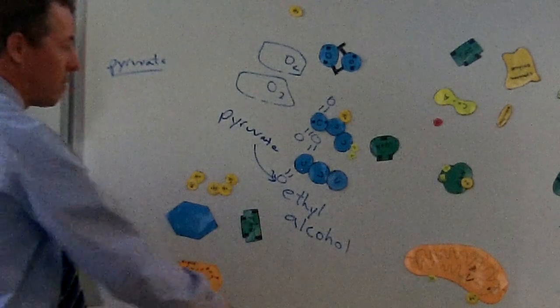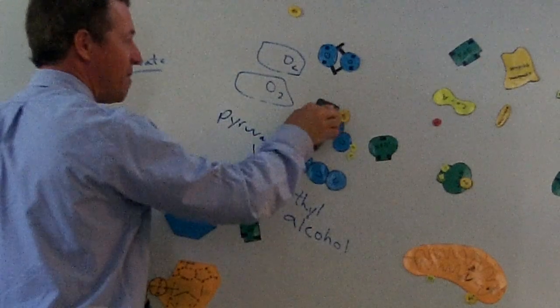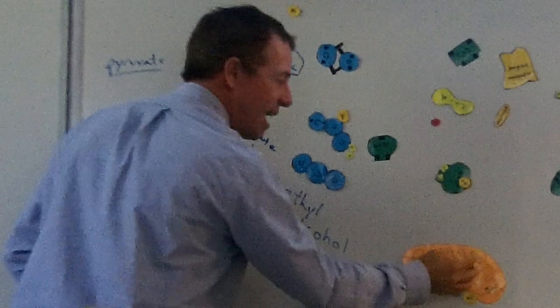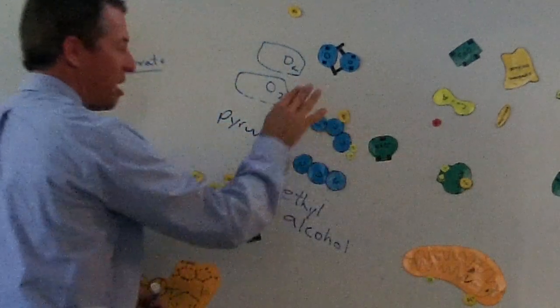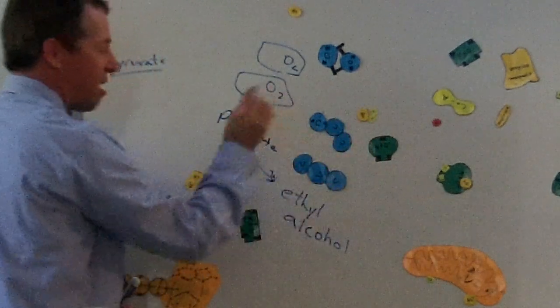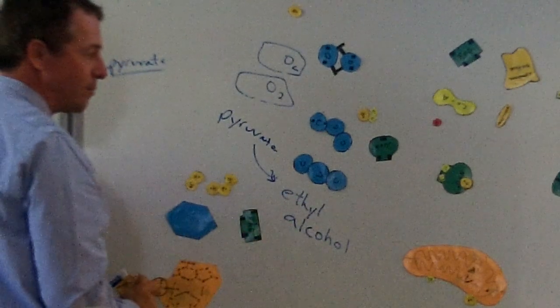Is this only when there's not enough oxygen? Yes, it happens when there's not enough oxygen and the pyruvates cannot enter the mitochondria. If there's not enough oxygen present, the pyruvates will not enter the mitochondria, and in plant cells, the pyruvates will be converted to ethyl alcohol.